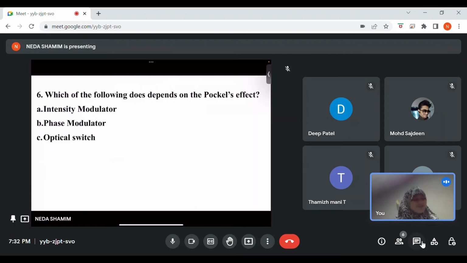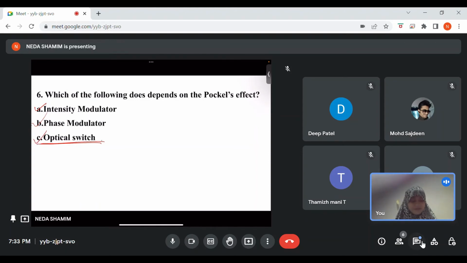Okay, so which of the following does depend on Pockel's effect? Intensity modulation, phase modulation, or optical switch? Option C. Sorry, the question says which of the following does depend on Pockel's effect? A and B. A and B. And you don't think optical switch depends on Pockel's effect?